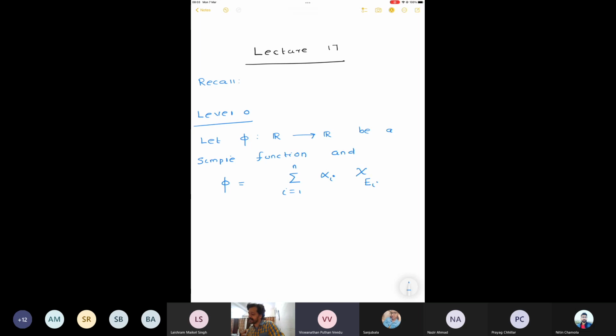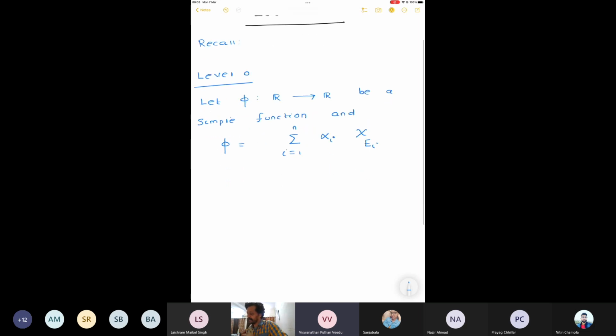We don't require that. But in canonical form, the alpha i's are distinct, the E_i's are the sets over which the function takes the value alpha i, and the E_i's are disjoint.